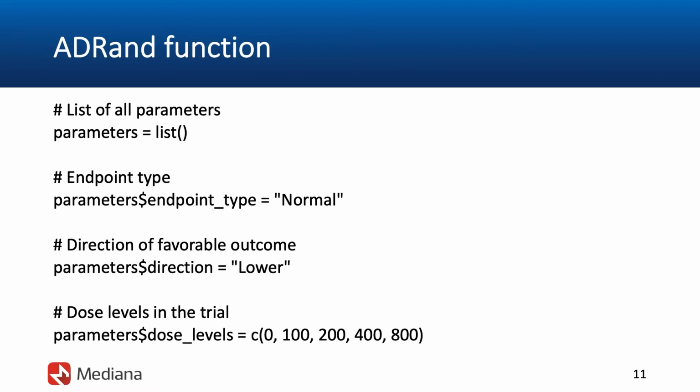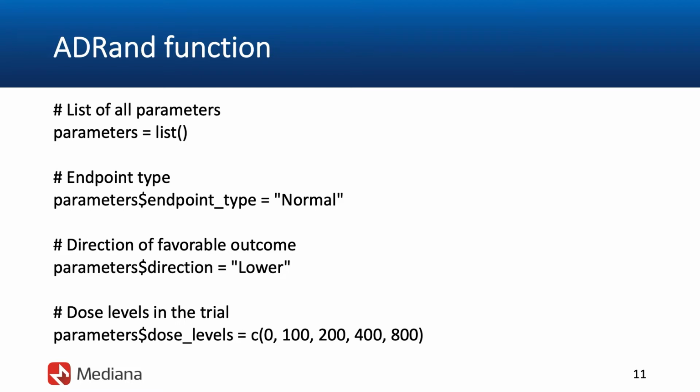And therefore, the direction parameter in this case will be set to lower. If this is not the case, and if it's perhaps in some other clinical trial, a higher value of the primary efficacy endpoint is associated with a beneficial effect, in that case, this direction parameter will need to be set to the keyword upper.